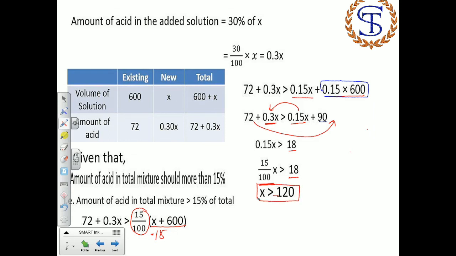When we use the information given in the question, that the amount of acid in the total mixture should be more than 15%, then the values of x are greater than 120. So this is the first part of the question, in which we have the value of x.